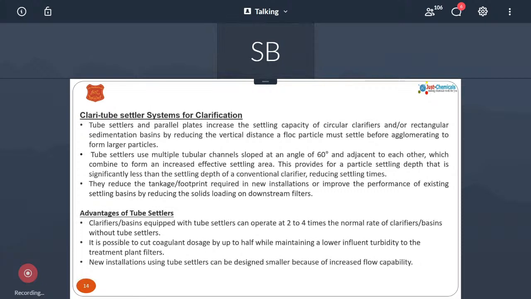So here is what is written: the tube settler and parallel plates increase the settling capacity of circular clarifiers. These are circular clarifiers having these tubes inserted within them, and this reduces the overall time taken, and also reduces the chemical consumption, and it reduces the detention time from HRSCC, which was 2 to 2.5 hours.